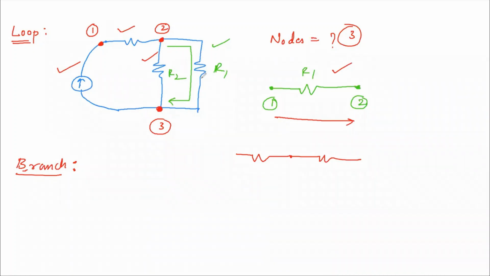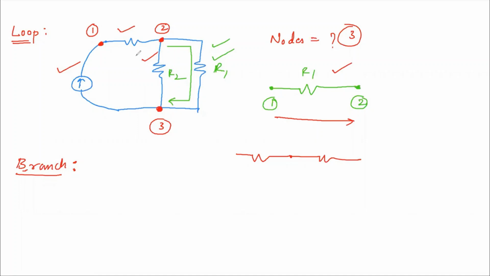And across the element, you are having 2 nodes. For each end of that element, there must be one node. In the case of R1, you have 2 nodes. To one end, you have node 2. To the other end, you have node 3. So this is qualified as a branch, right? Now tell me about R2, whether it is qualified as a branch or not.